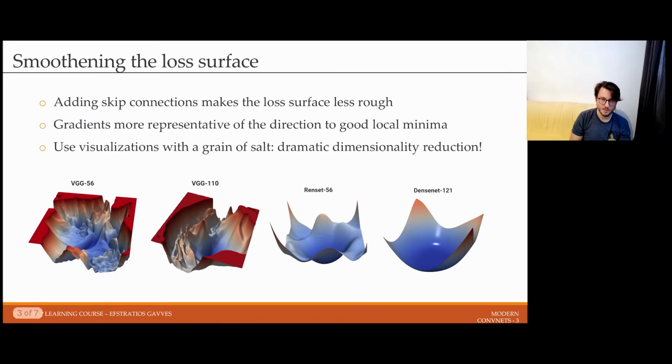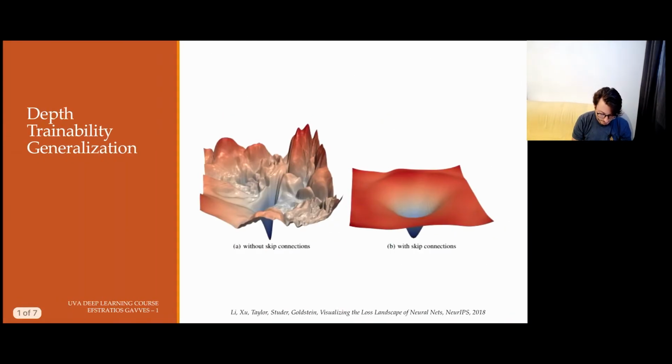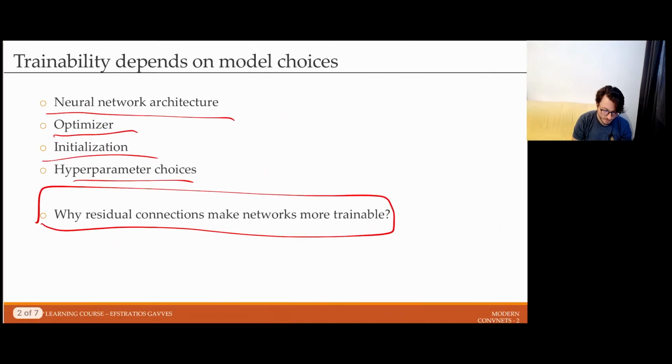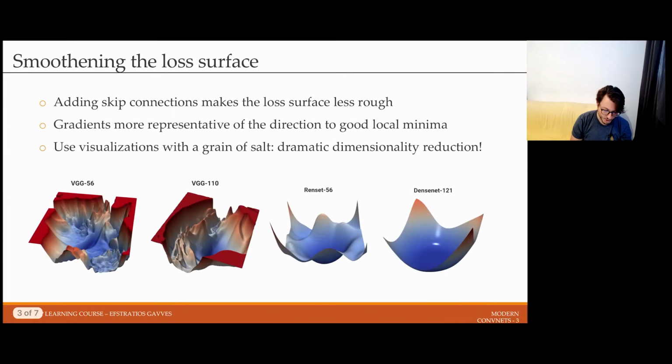So a couple of years back, we had this great paper shown here, a very interesting one, which basically attempted to visualize in 3 dimensions the loss surface, how it looks for the optimizer to actually optimize a particular neural network loss surface. So this was the VGG network, 56 and 110 layers deep.